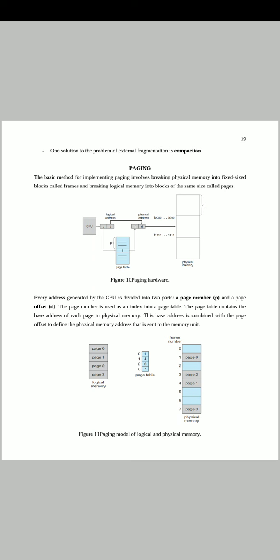Normally we have two registers for doing this, one is the base register and one more is the limit register. This base register is combined with the page offset to define the physical memory address that is sent to the memory unit. If we see the above diagram, the page table contains the entry of the frame number and this also has the index of the page number.